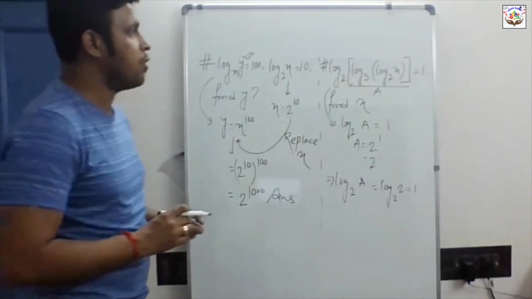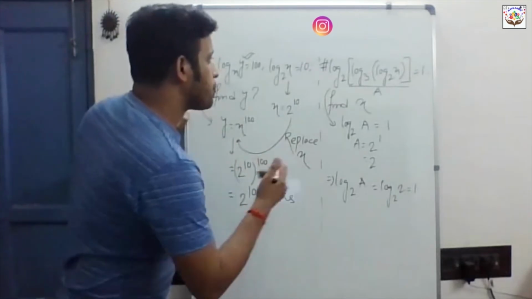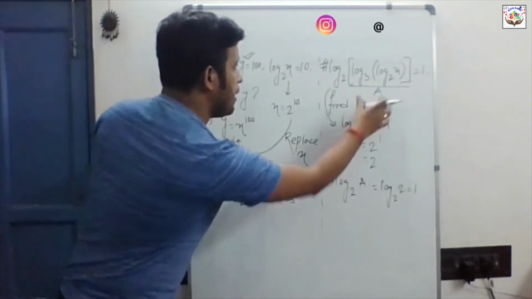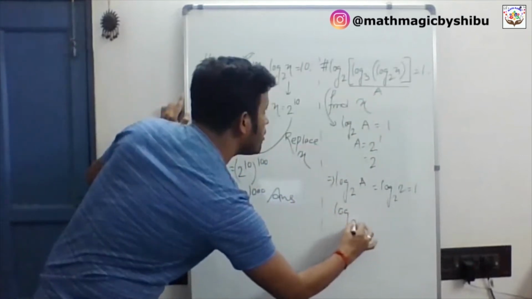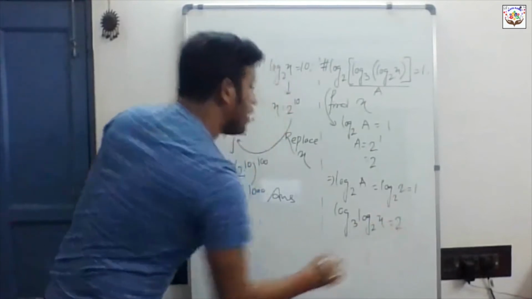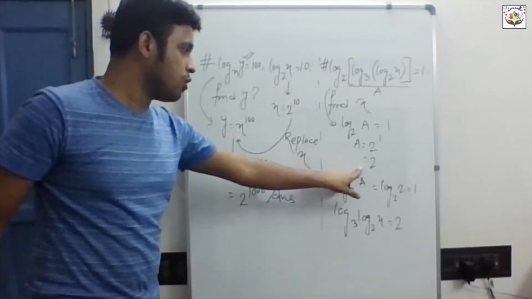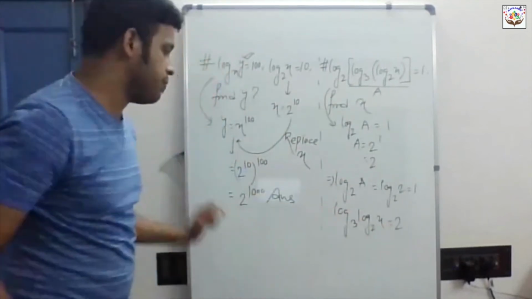Now how are we going to solve it? This part is A for us. So log base 3 of log base 2 of x equals 2, we can write, because A equals 2. So log base 3 of log base 2 of x equals 2, we can easily write.